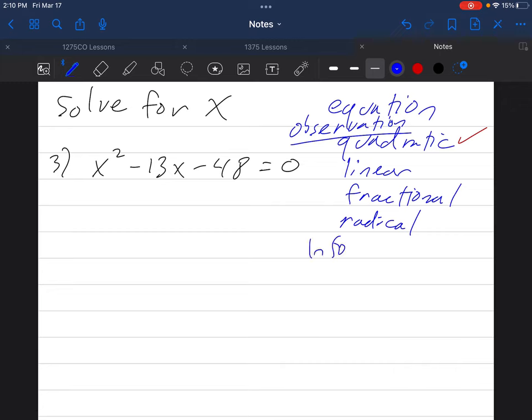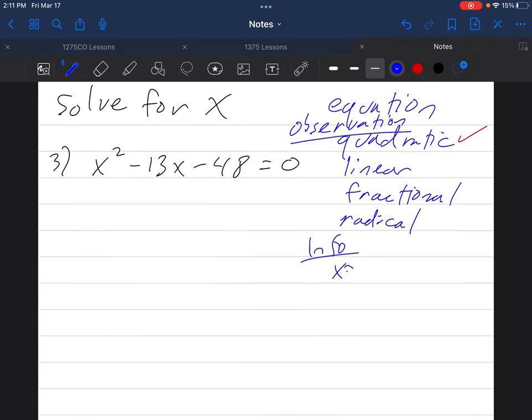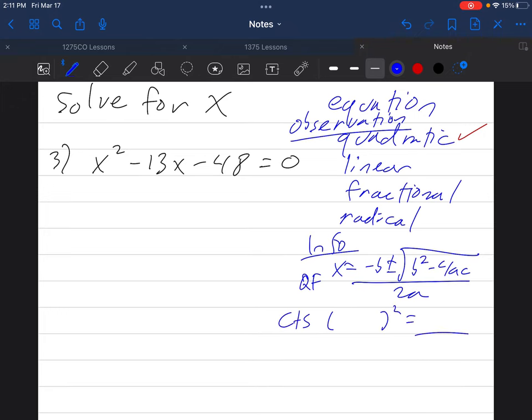So let's look at some info. What kind of information do we know about a quadratic equation? Right, we know x equals negative b plus or minus the square root of b squared minus 4ac over 2a. That's the quadratic formula. We know completing the square. We also know about factoring, AC method.